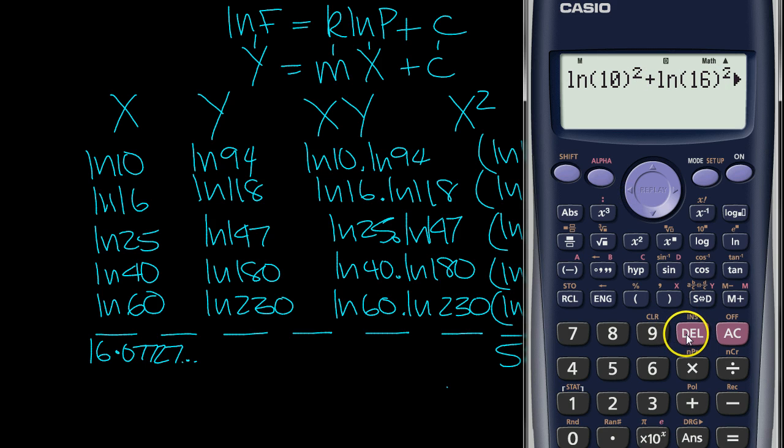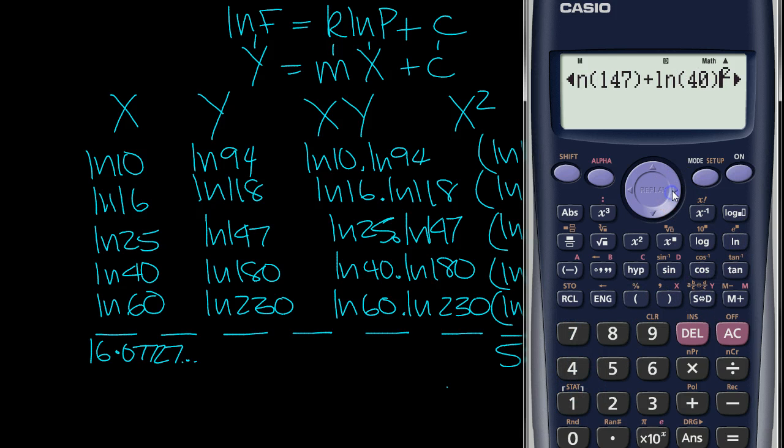Okay. Now what I'm going to do now is, you've got log 10. I'm going to delete the square and I'm going to times it by log 94. Then log 16 times log 118. Okay, 25 times log 147.